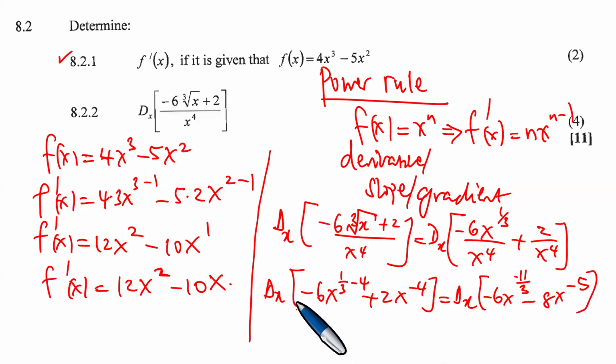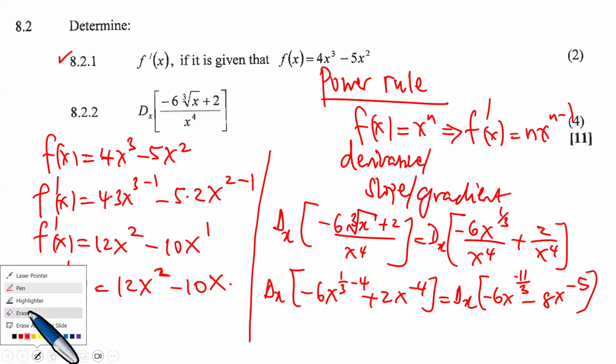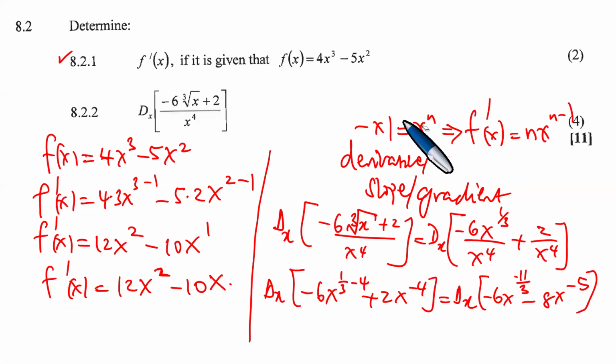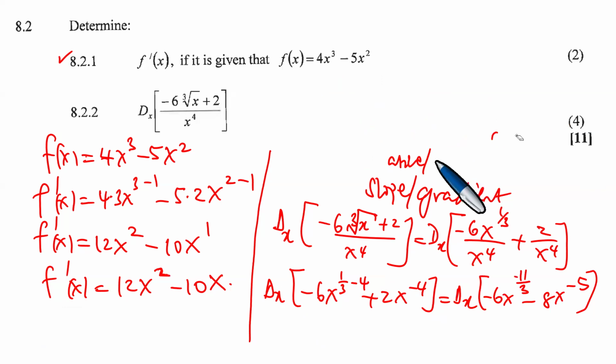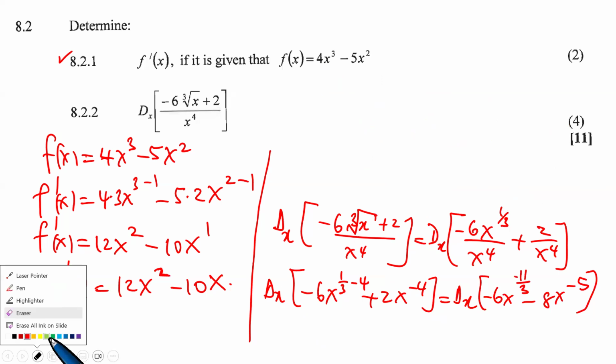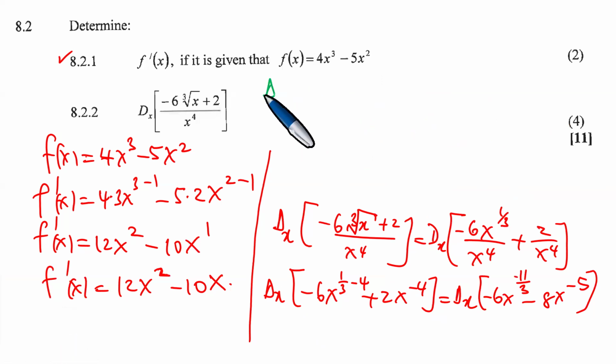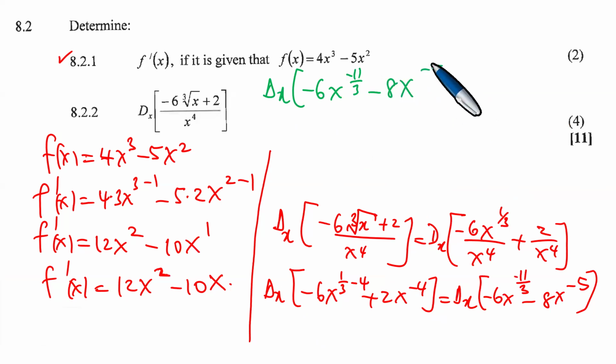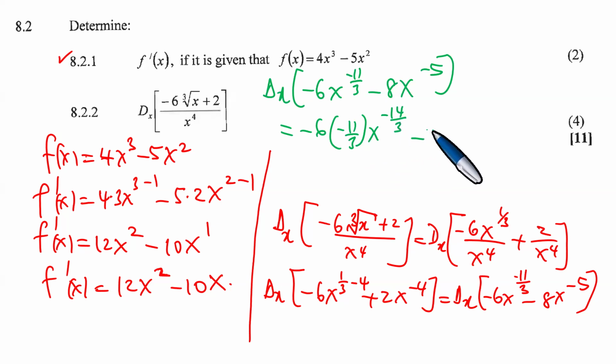Okay, let's find the derivative of this. So if you want to find the derivative, we proceed as follows. Minus 6x to the minus 11 out of 3 minus 8x to the minus 5. Minus 6, which is minus 11 out of 3, x to the minus 1, which is minus 14 out of 3, minus 8.